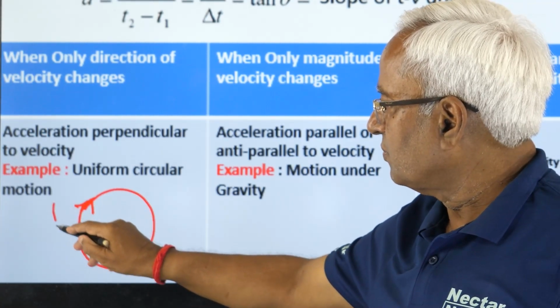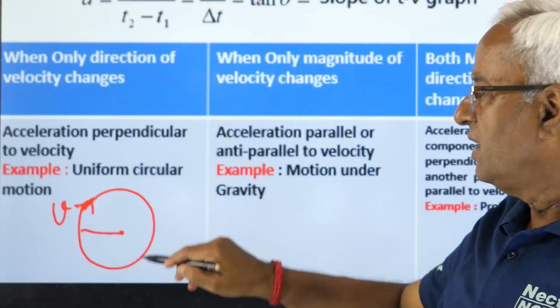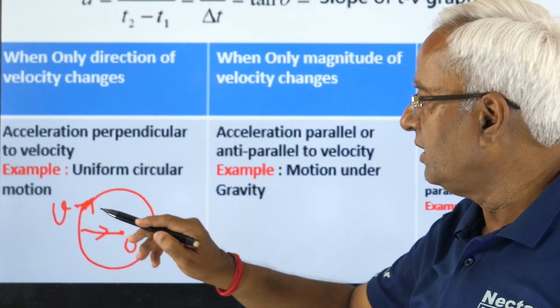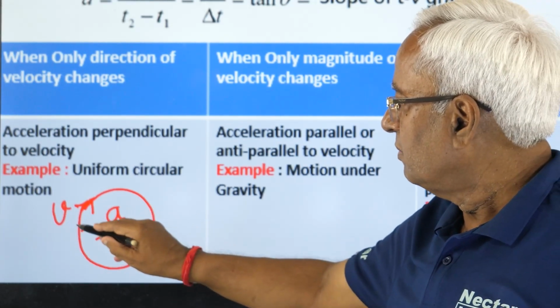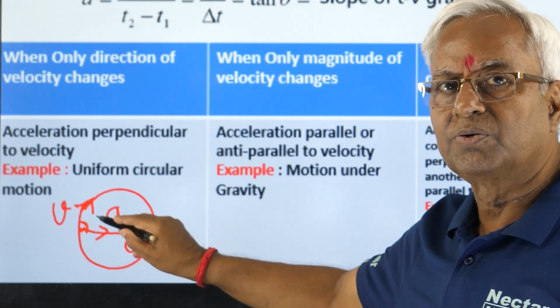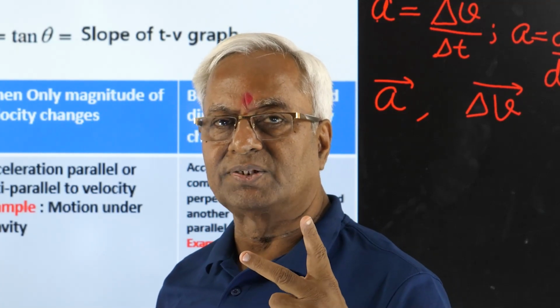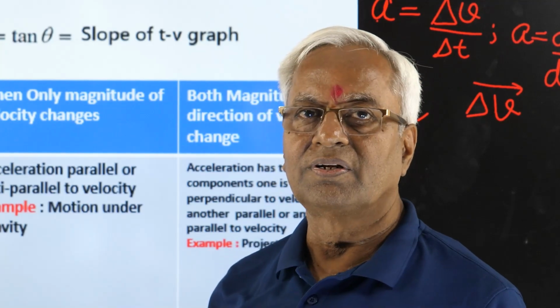The velocity is along the tangent, and acceleration will be towards the center. Here A and V both will be exactly perpendicular. This angle is going to be 90 degrees. So you have one example in which acceleration and velocity are always at right angles to each other.